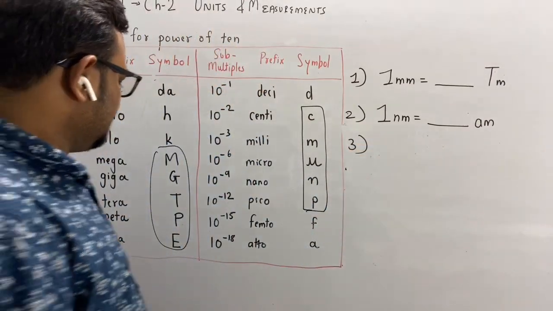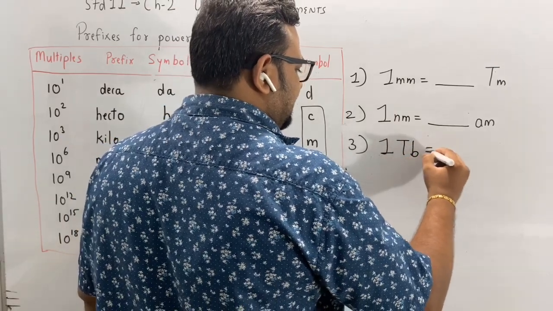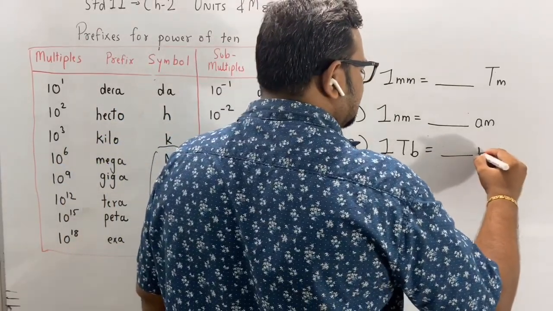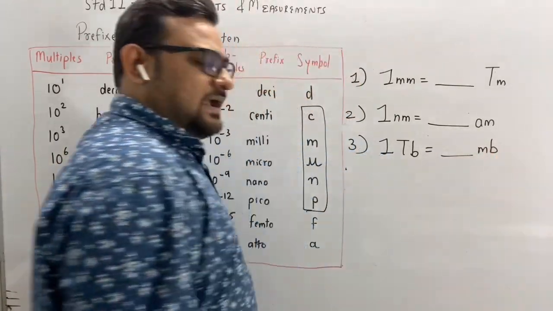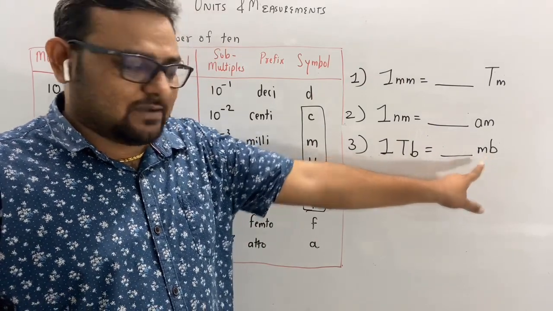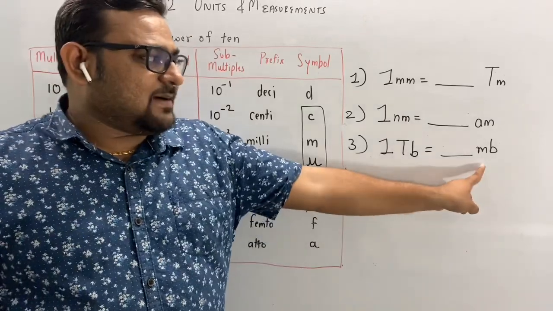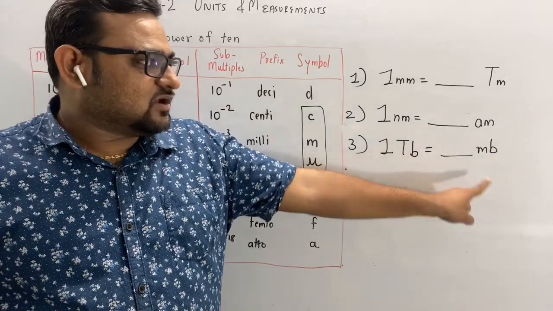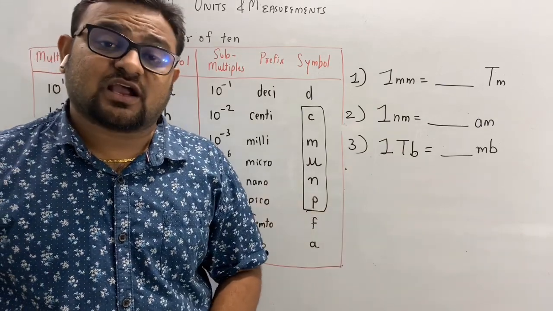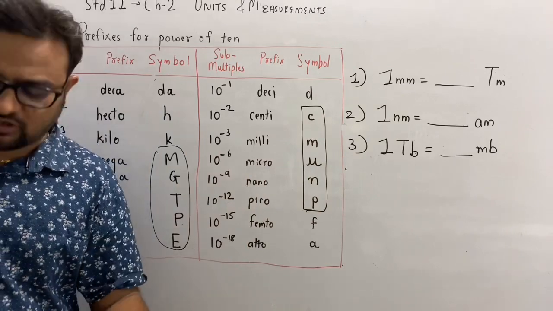Third one, 1 TB, terabyte, equals dash millibyte, mB. See, it's small m, it's not capital M. Okay, it's not megabyte, it's millibyte. Okay, so I'm giving you these three questions as conversions. So just note down these questions and solve them later on.